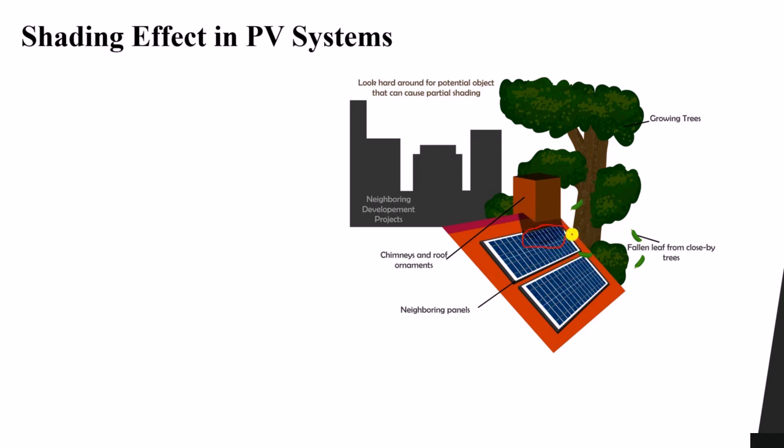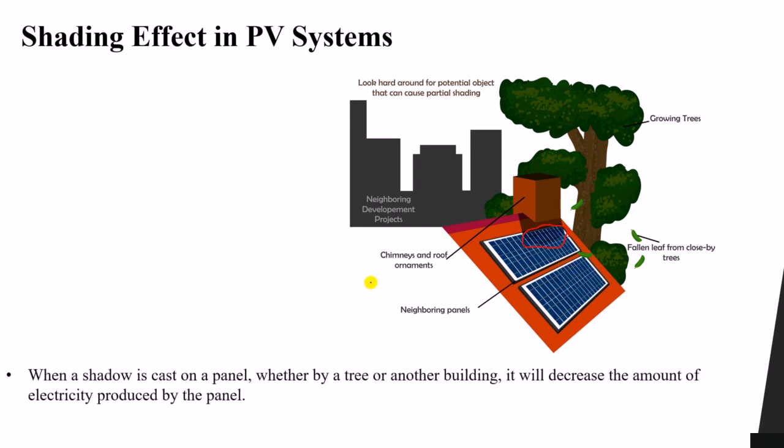This shadow will lead to a reduction in the electrical power generated. So when a shadow is cast on a panel, whether by a tree or any other building or a chimney, for example, it will decrease the amount of electricity produced by the panel.